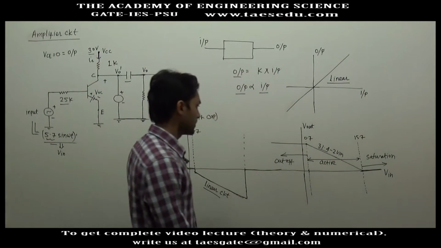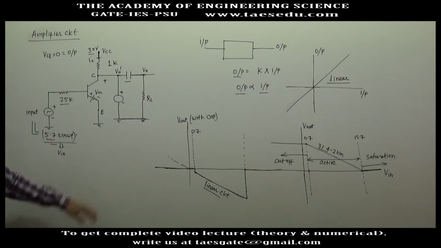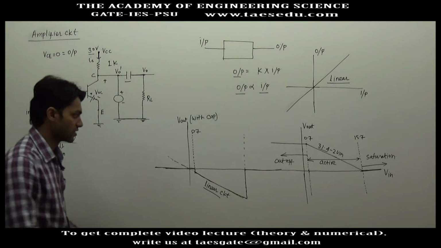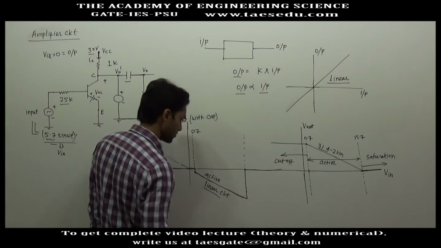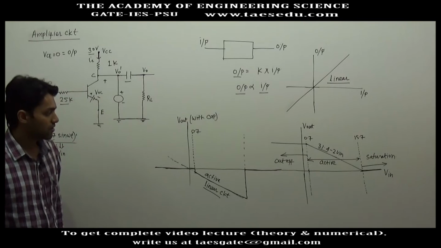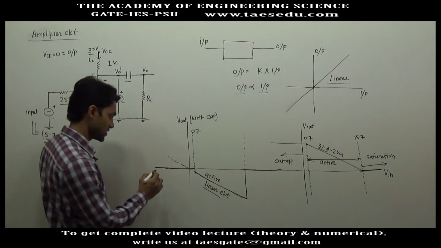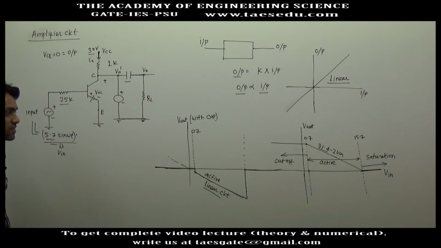Okay, and in the previous question, what we observed is that a transistor circuit operates as a linear circuit when it operates in active region. This is the output in active region only. In saturation, the transistor circuit will not behave as a linear circuit, and in cutoff region also, it will not behave as a linear circuit.